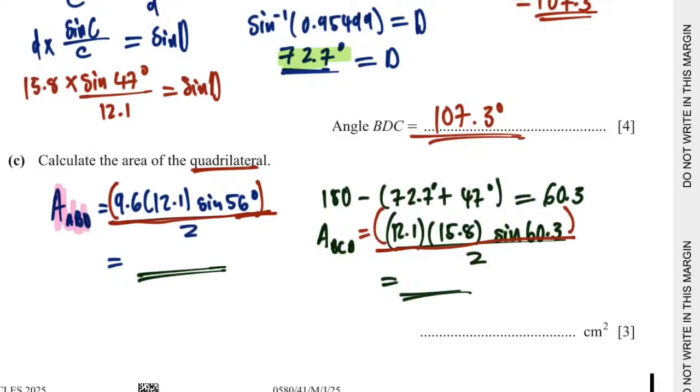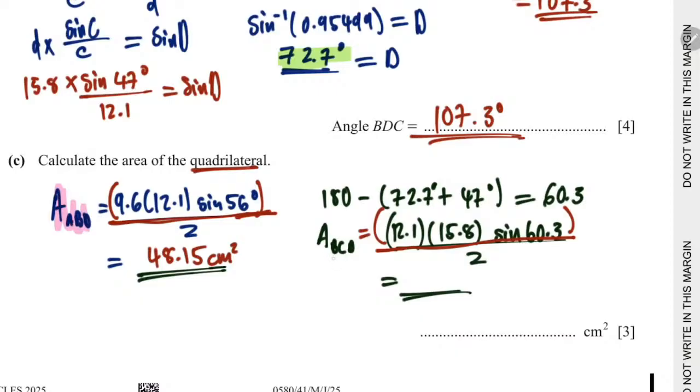What about for the second one? Let's now do it for BCD. Come on. 83.03.